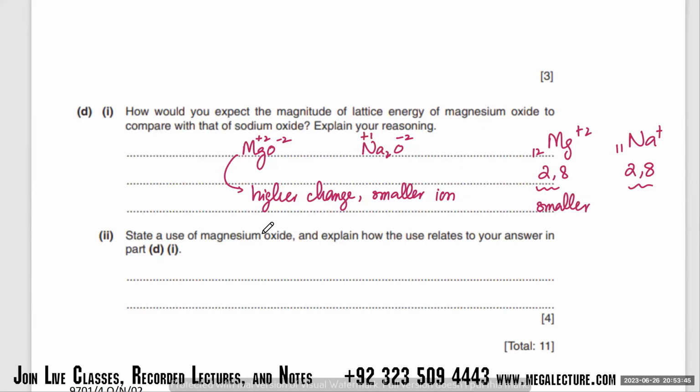Magnesium oxide, I also discussed its uses: it's used in furnaces. It's a very strong material, a ceramic, used for furnace lining, heat shields, etc.